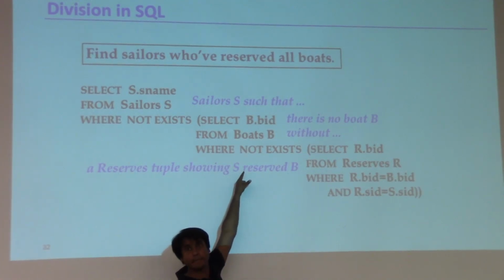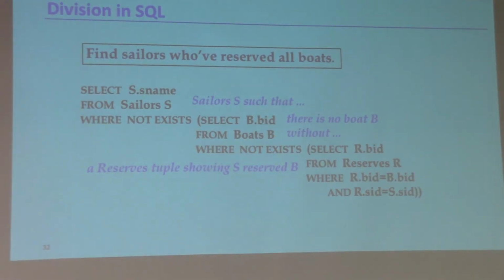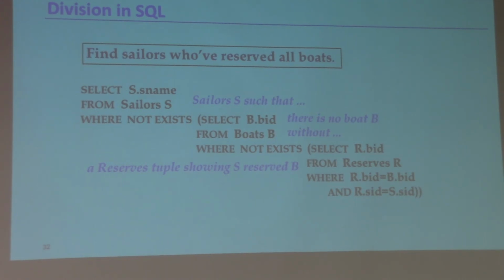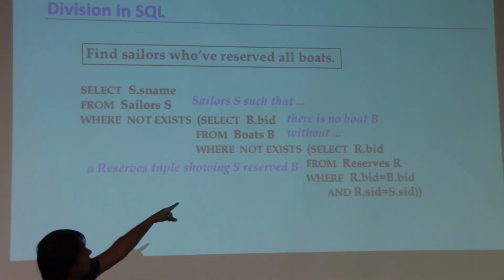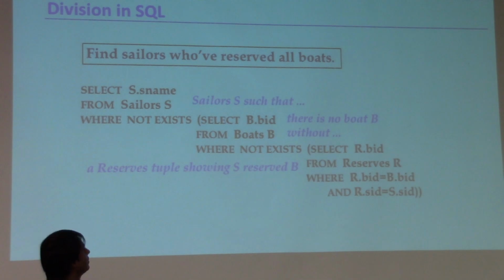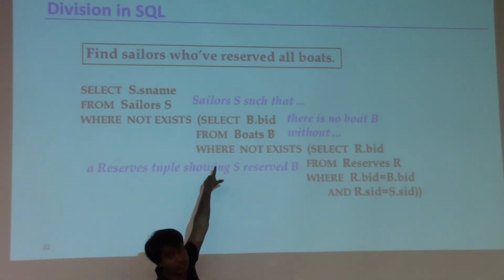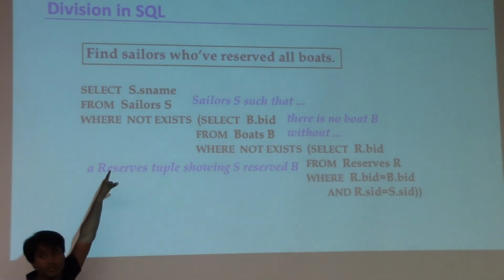Okay? It is exactly this part: sellers who haven't reserved at least one boat. So the seller is such that there is no boat without a reserves tuple showing S reserved B. This is a little bit complicated, but what I mean is that if this part is null, then your results come over here.